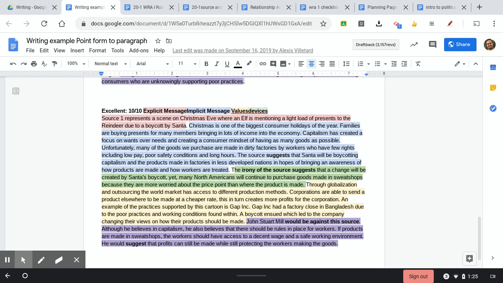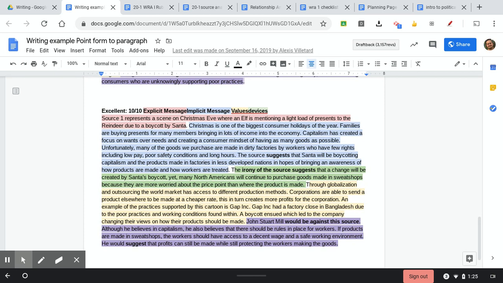Devices. The irony of the source suggests that a change will be created by Santa's boycott. Yet many North Americans will continue to purchase goods made in sweatshops because they are more worried about the price point than where the product is made. Through globalization and outsourcing, the world market has access to different production methods.